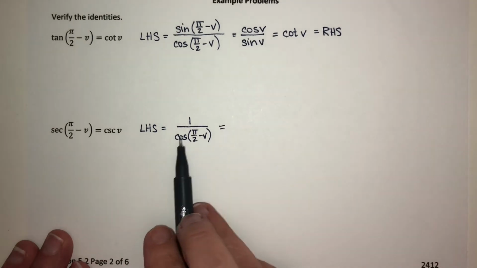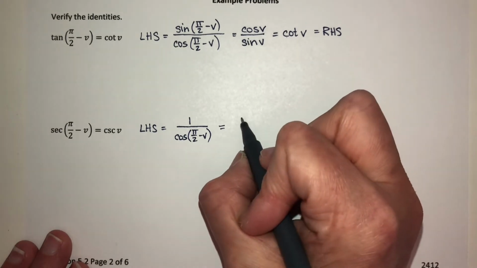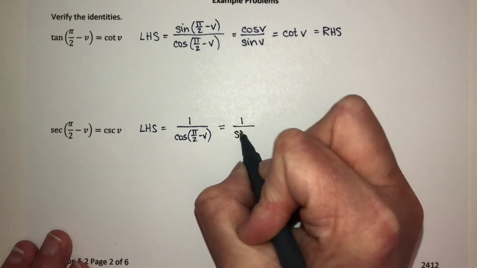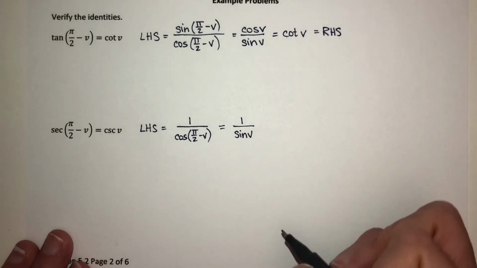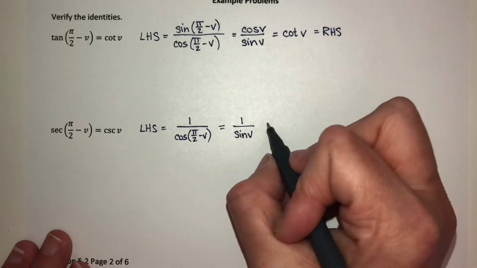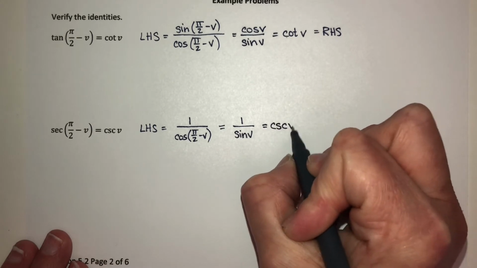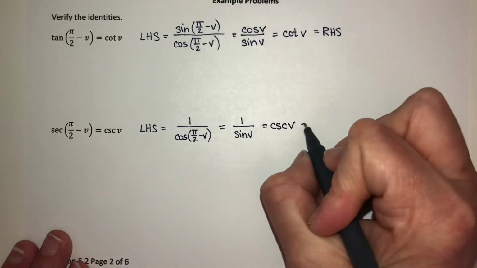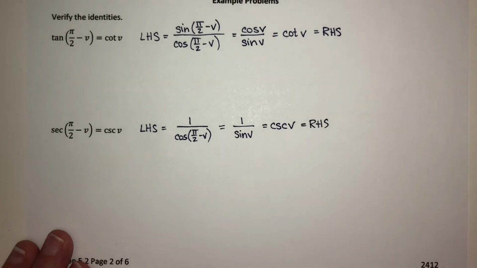We know that cosine of pi over 2 minus v is sine of v, so this is 1 over sine of v. And one of our reciprocal identities is that 1 over sine is equal to cosecant. So this is cosecant v, which is the right-hand side, and the identity has been proven.